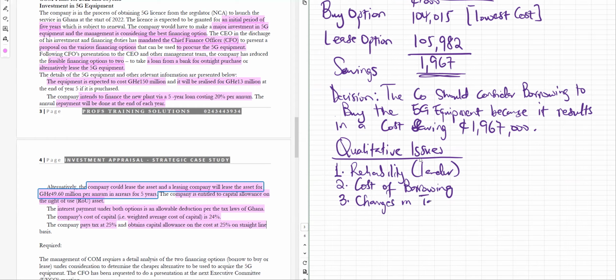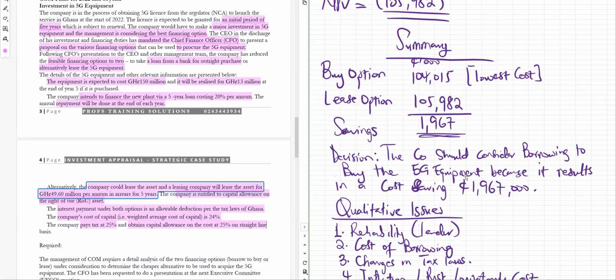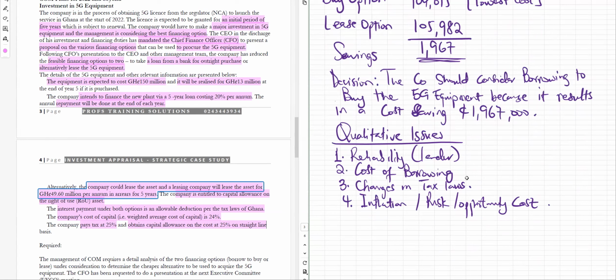Once the tax laws change, it can affect the allowability of some expenses, the tax rate, and other things. Then the asset itself, inflation, risk, opportunity cost. All these things are qualitative considerations that you have to consider. Even if they've not asked you, you can consider these things when you're doing your lease or buy decision, and then you get the full mark.